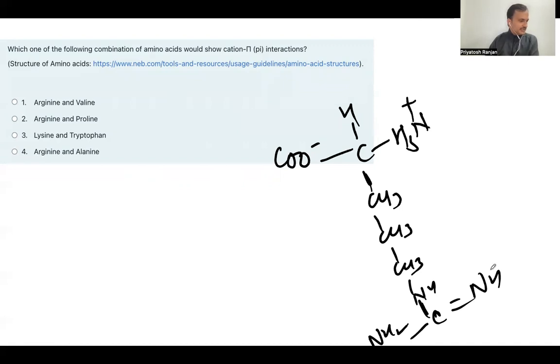I'm just confirming it. So this is for the arginine. So you'll get a positive charge here, which is going to act as a cation, like in these cases. But you'll not find the pi bonds from these amino acids. So the correct answer is going to be lysine and tryptophan.